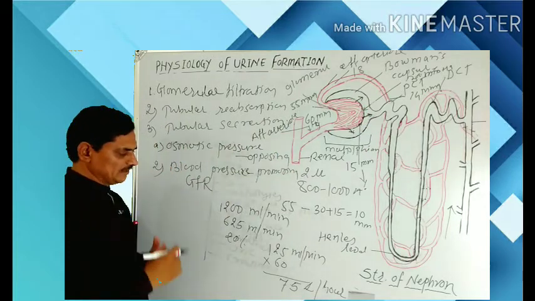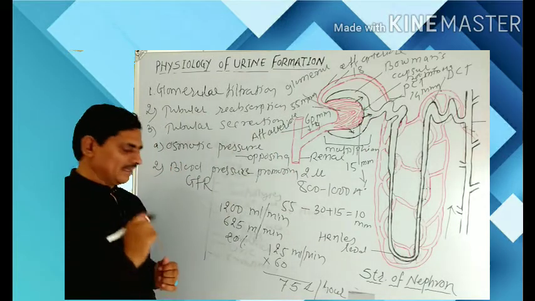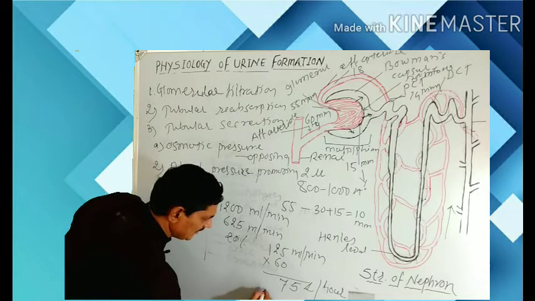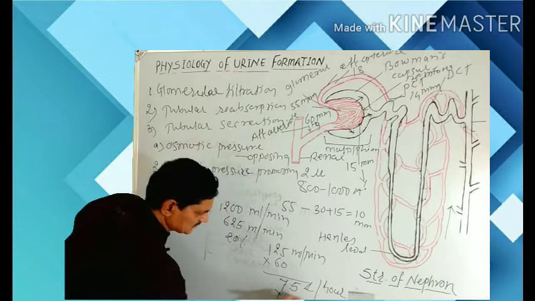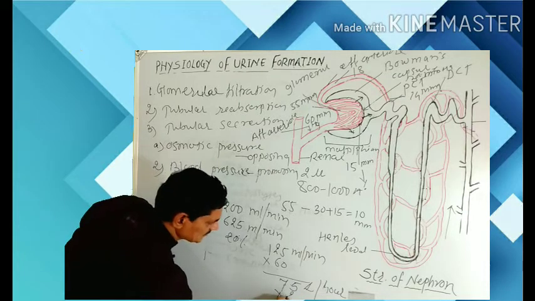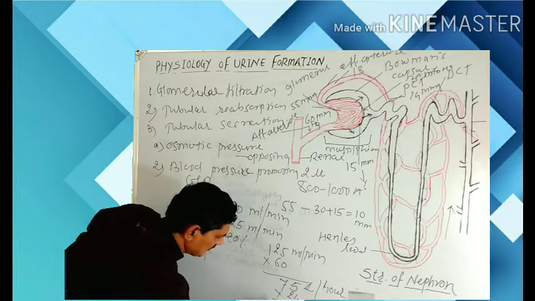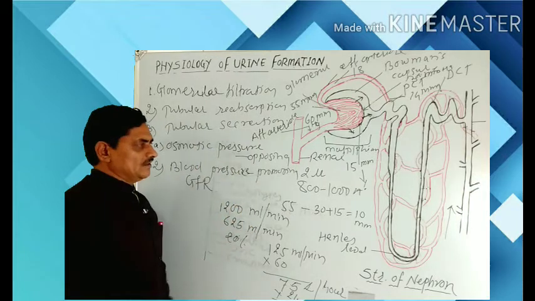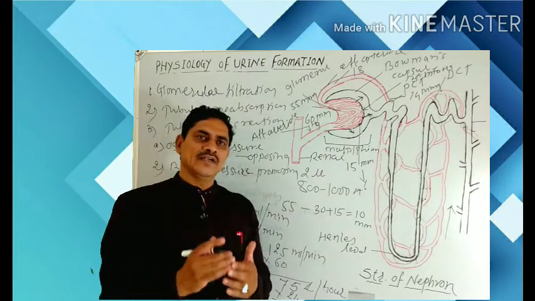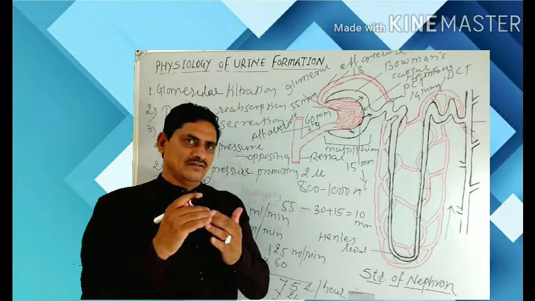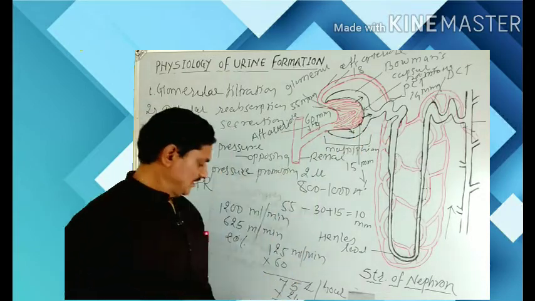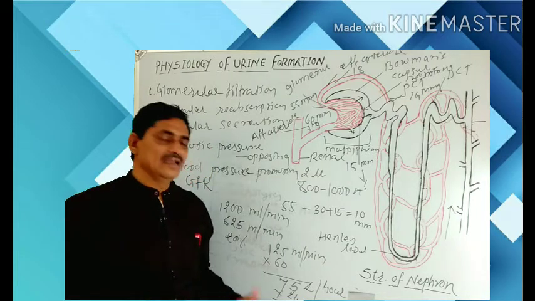And if we calculate this for a day, means for 24 hours, it will be 180 liters per day. So, such a huge quantity of filtration occurs in both kidneys per day, 180 liters.